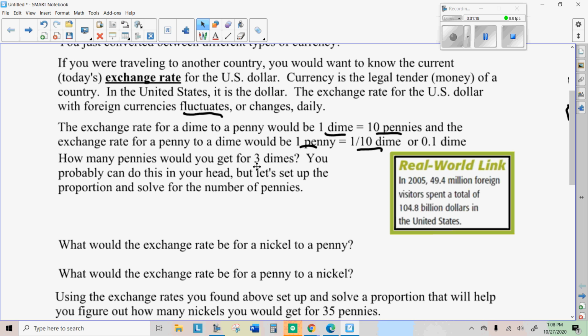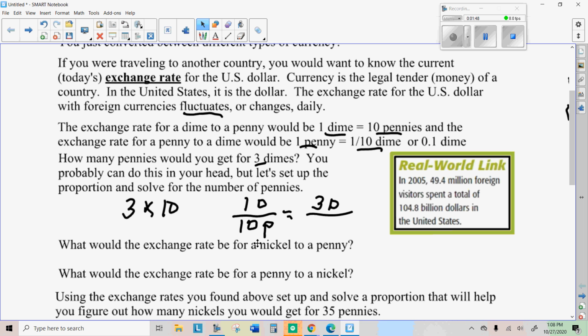So how many pennies would you get for 3 dimes? You would take 3 times 10. That's not really a hard problem for you, but you can see how you could use a proportion to do that. For 1 dime, so I'll just put a D for dime, you get 10 pennies, right? That's a P for penny. Now we have 3 dimes, so we're going to put that on top.